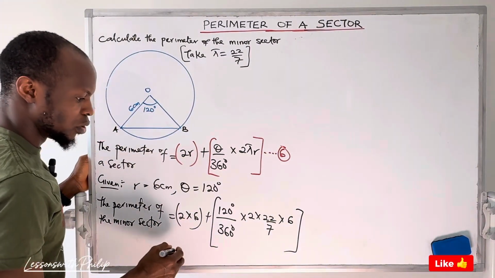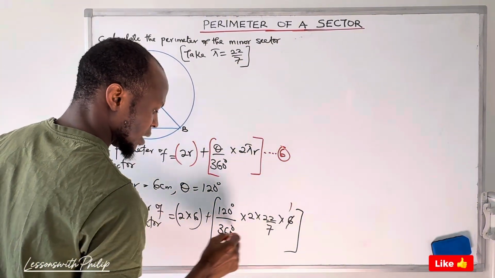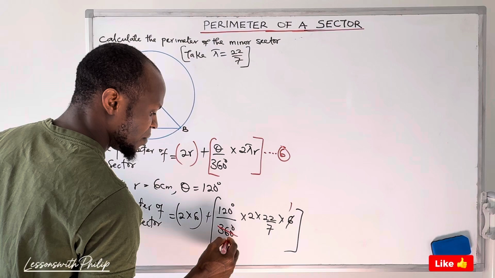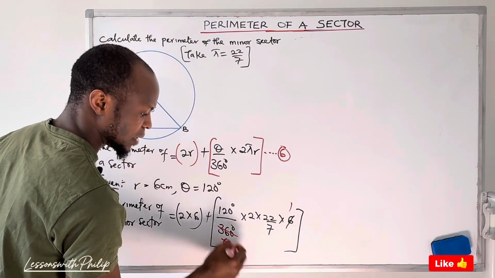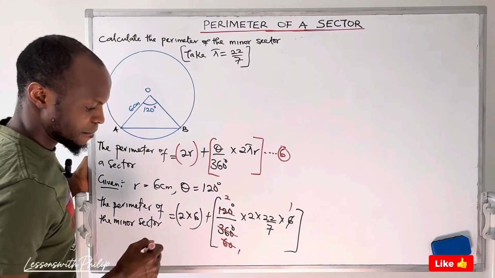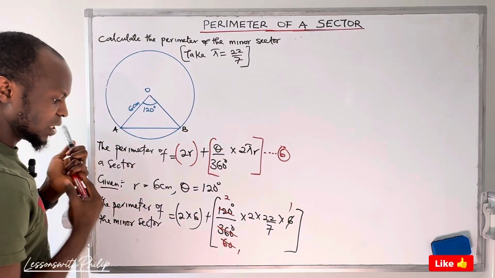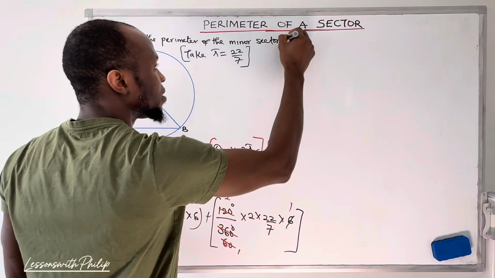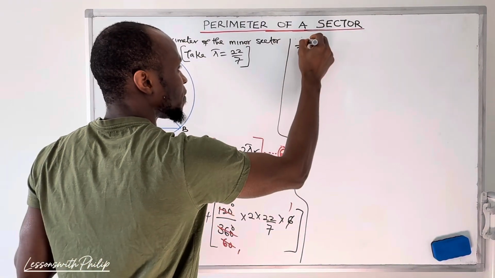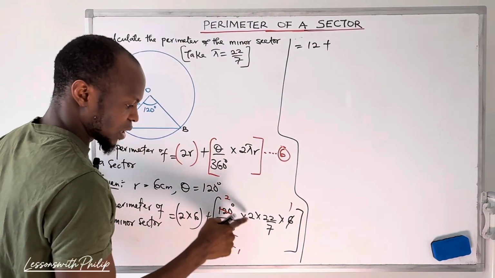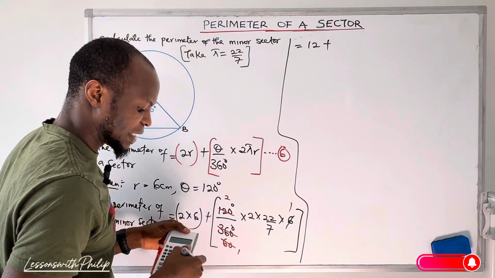Now in this one, 6 here gives 1, and 6 in 360 will give me 60. Now 60 here gives 1, 60 here gives 2. What do I have left? I have 2 times 2 times 22 divided by 7. Now 2 times 6 will give me 12, plus 2 times 2 is 4. 4 times 22 will give me 88.